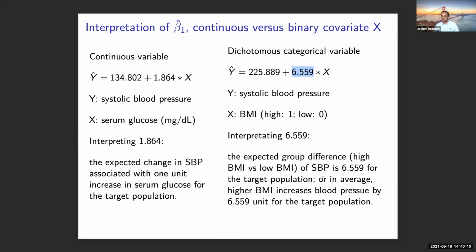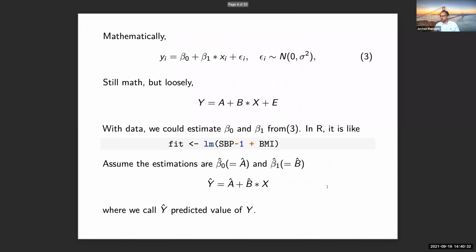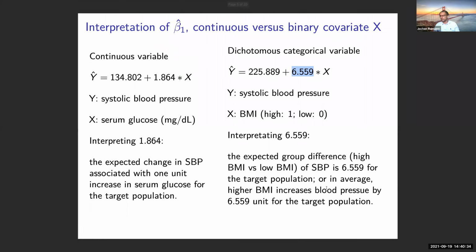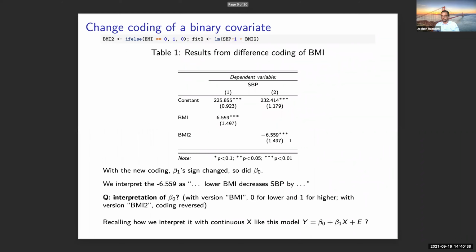Again, these are examples that are not necessarily found in real life. So the expected group difference, high versus low, is 6.6 for the target population on average. Higher BMI increases blood pressure by 6.6 units. Good, so this is fairly clear, right? And quite logical to understand, I find.